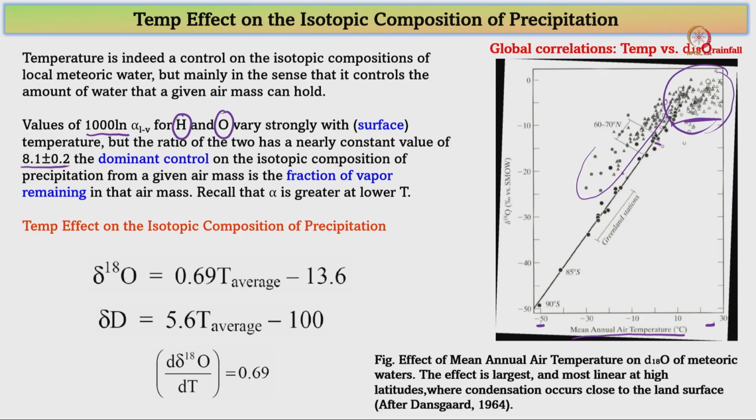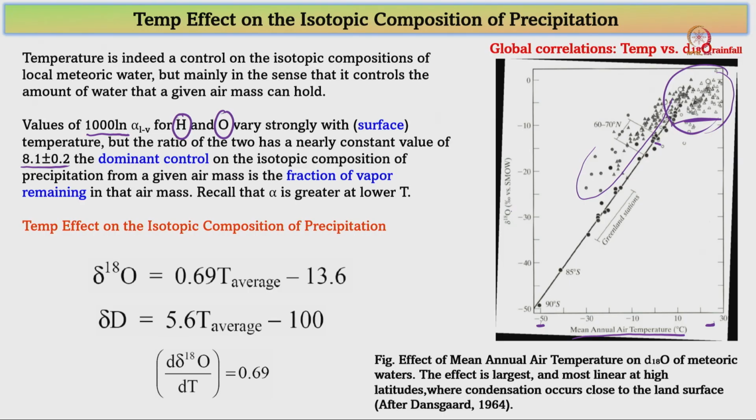It is because of this particular factor that hydrogen isotopes and oxygen isotopes, although they vary with the temperature, the ratio of the two remains constant, and that is dominantly controlled by the fraction of the vapor that is remaining in the air mass. So, this is controlled by the humidity, and this is controlled by the temperature of the region.